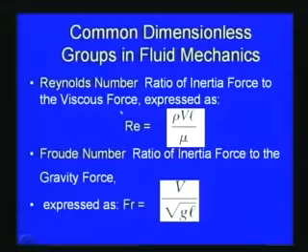This Reynolds number is the ratio of inertia force to viscous force. There are two important forces in most fluid flows: one is inertia force and the second is viscous force. The Reynolds number is expressed as Re equals rho V L by mu, where rho is the fluid density, V is the velocity, L is the characteristic length, depending upon the case.